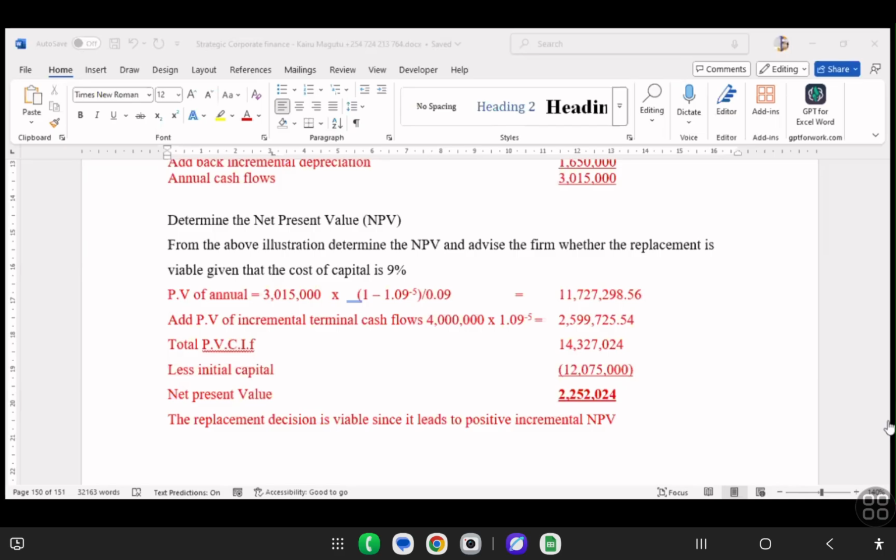There's someone who is very determined to pass the exam, not to understand. Someone is saying that the way I'm determining the terminal cash flow is different from what you know. I will answer that by saying that there are different ways of skinning a cat.